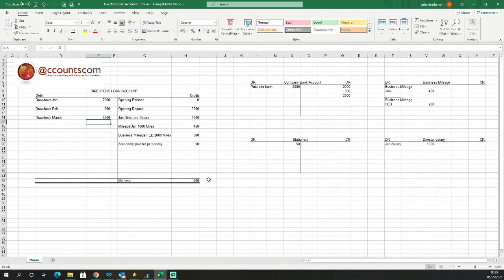So we've now got this overdrawn loan account, because we're effectively saying these transactions here add up to 4,400, and we've actually taken out £5,000. So we're effectively overdrawn by £600. So it's gone the other way now. The director now owes the company £600.